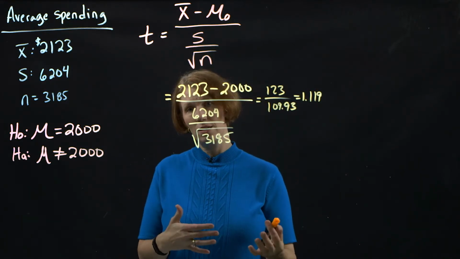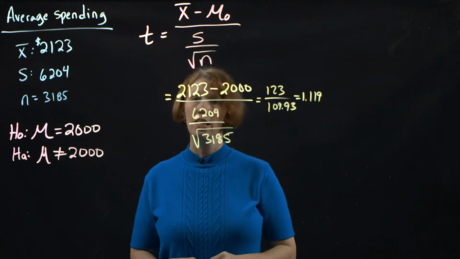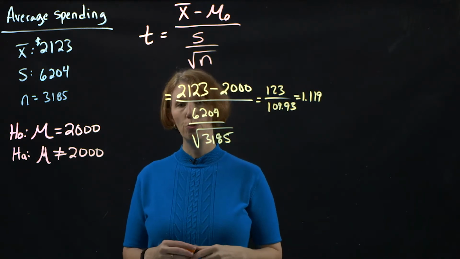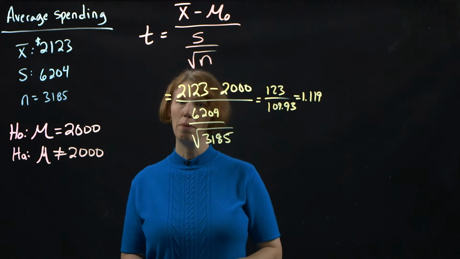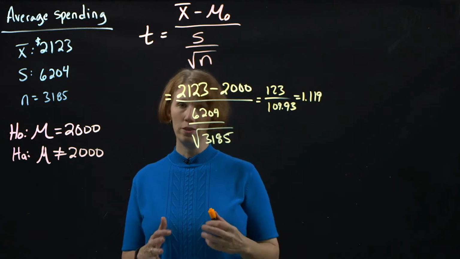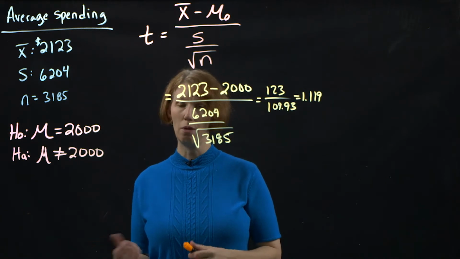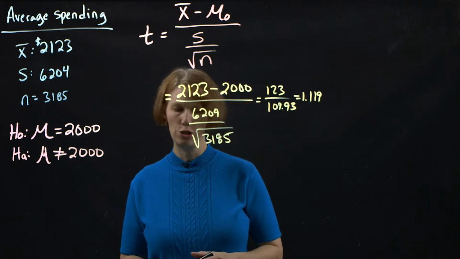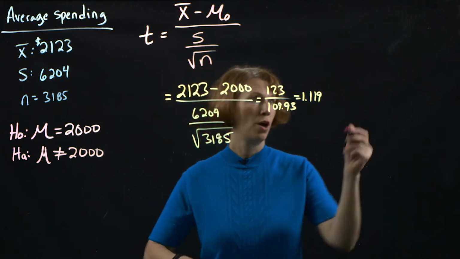Well, the next piece, of course, of this process is to identify the threshold or the bar for which our test statistic will be compared. And based on that, we will make a decision about whether there's evidence to reject the null hypothesis in favor of the alternative. Let's draw a picture to see what this looks like. All right.